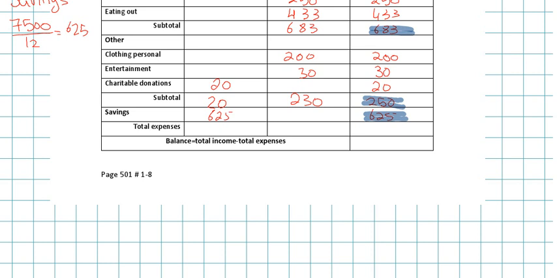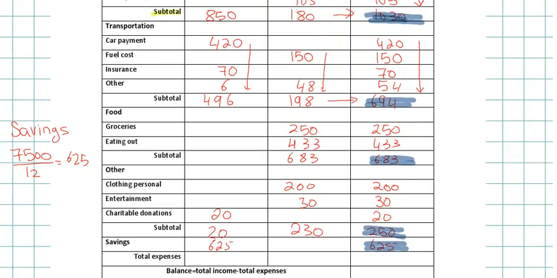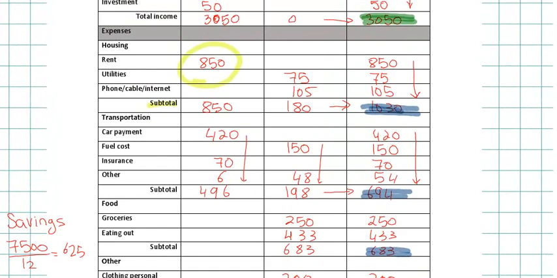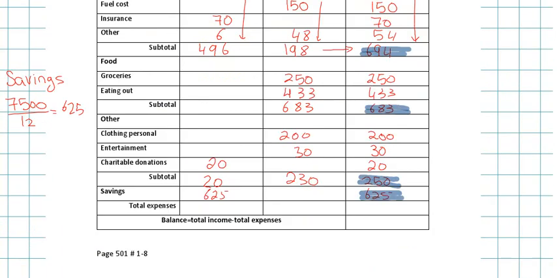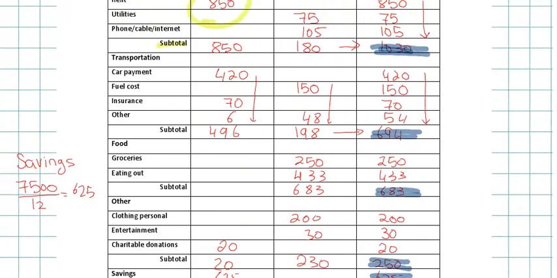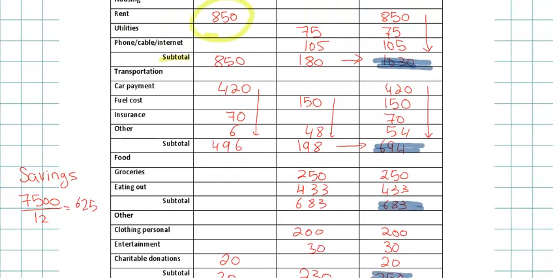So let's see. For the total expenses, what I can do is add the total fixed expenses, right? So I can add all of these fixed expenses. Just highlight it with red. So the expenses start from here.